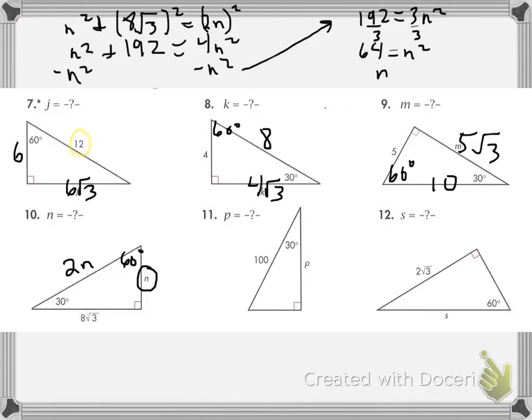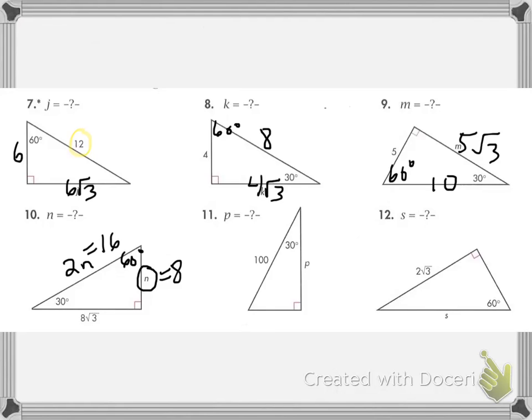So that means n, we don't care about the negative square root, we only care about the positive for geometry, is 8. So we know this is 8 now. So that means 2n must be 16. Okay, let me clean it up and we'll do the next one, number 11.